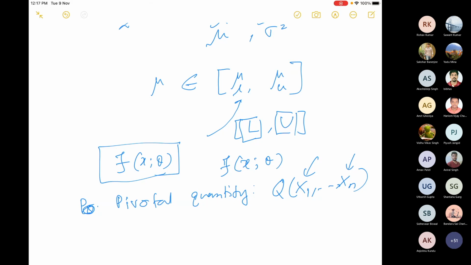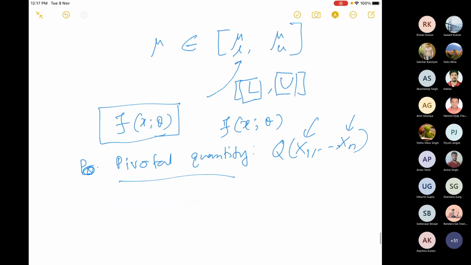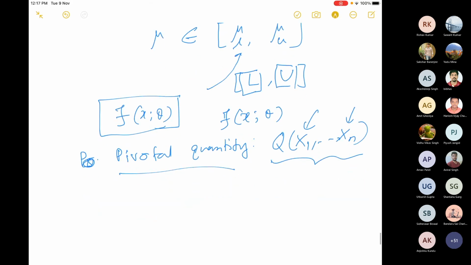Now, what is a pivotal quantity? It is a function of x1, x2, xn and theta, but its PDF is independent of theta.